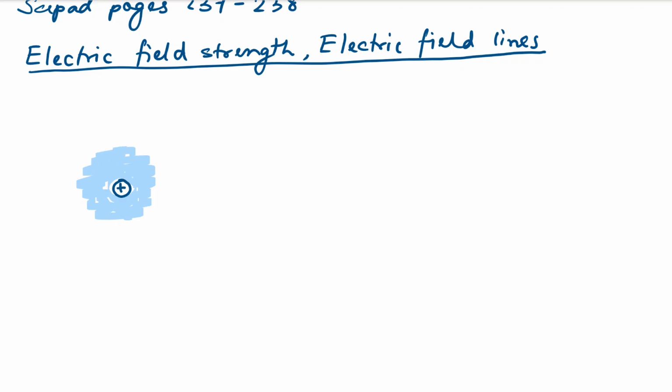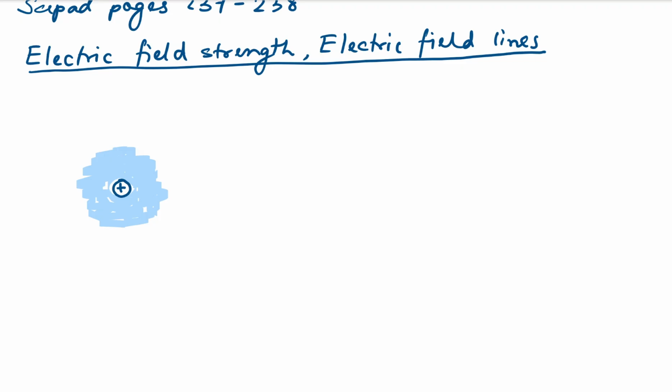So this is just some region around this positive charge, and it extends all the way to infinity, but this is just a region around this positively charged particle where, if you bring any other charged particle, then it will feel a force.